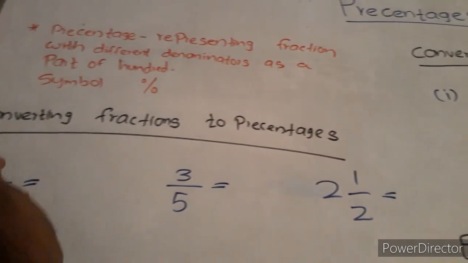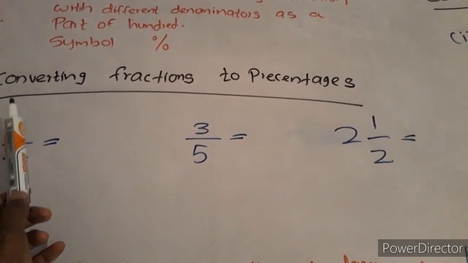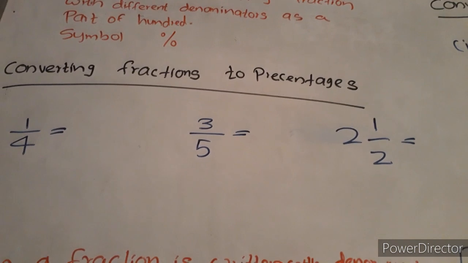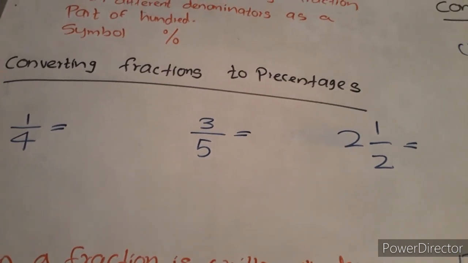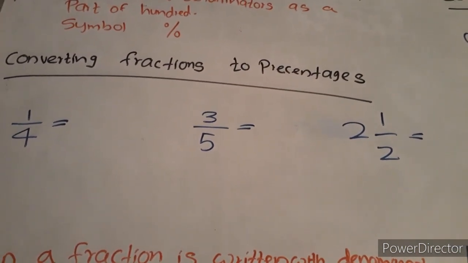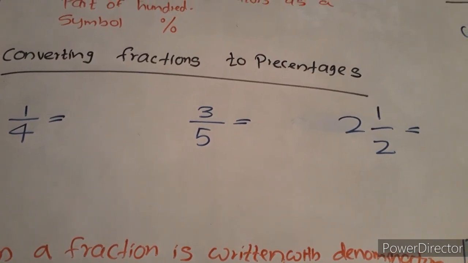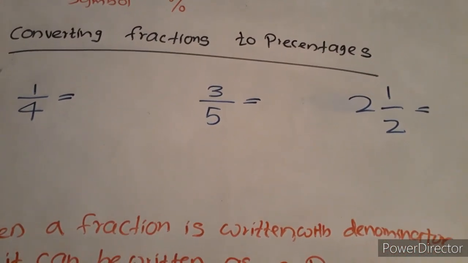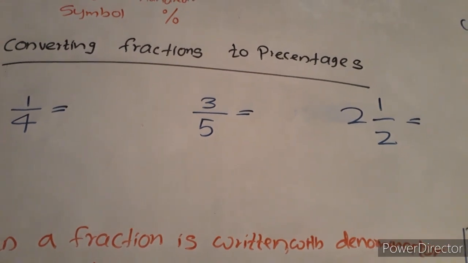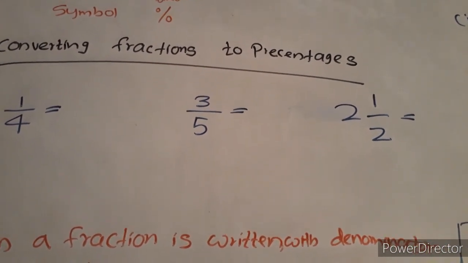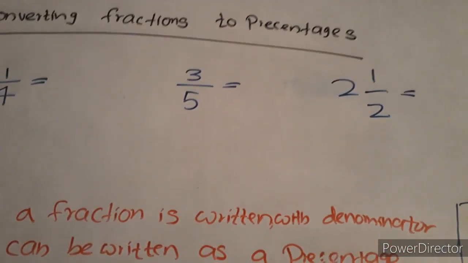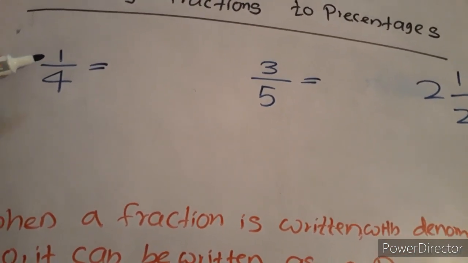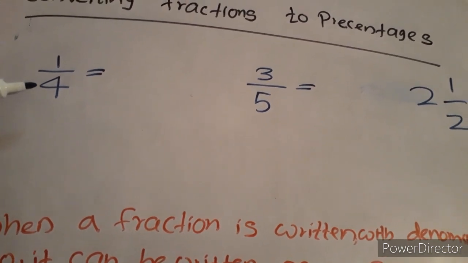Now we'll see how to convert fractions to percentages. I think you all know about fractions, and now we are going to learn how to convert a fraction into a percentage. The first example is 1/4.